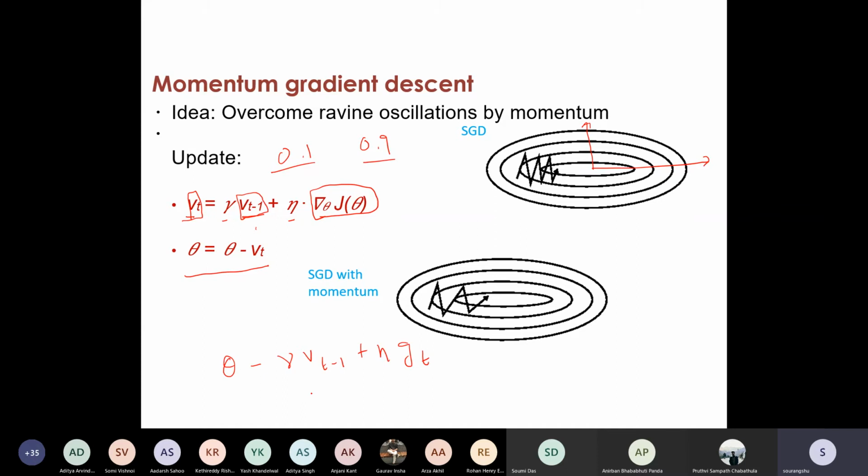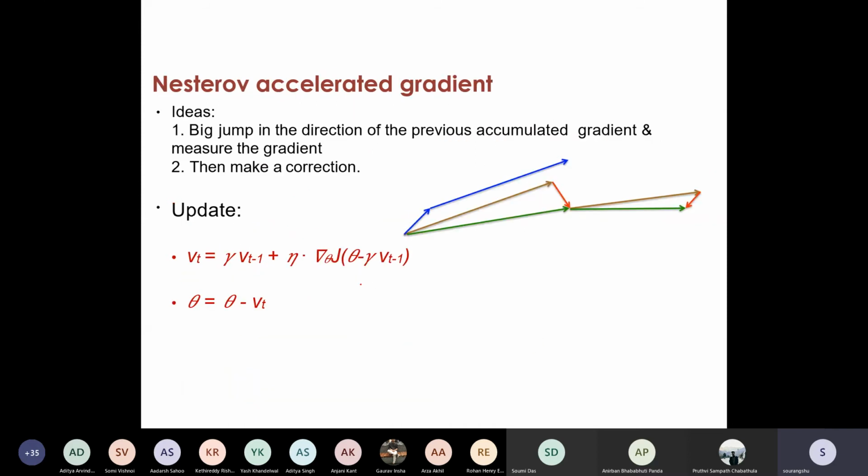So actually you are doing the update on gamma times Vt minus 1: theta minus gamma times Vt minus 1. This is your theta t, and this is your theta t plus 1. But you are computing the gt at theta t. So what Nesterov said is that no, you compute the gt at theta t minus gamma times Vt minus 1.